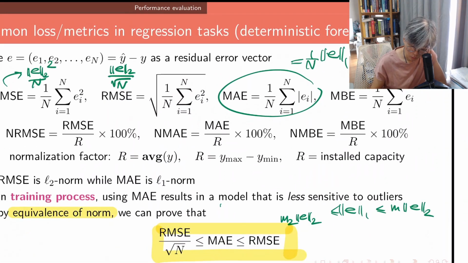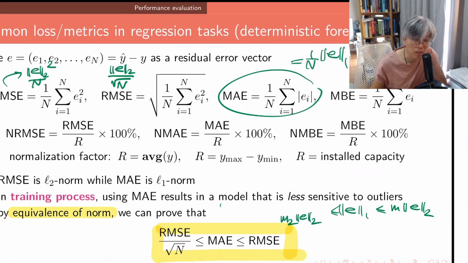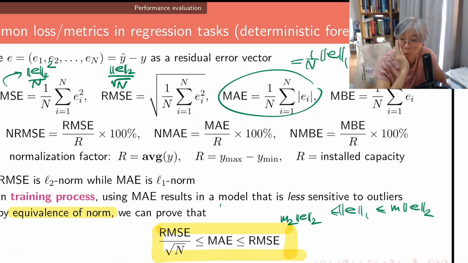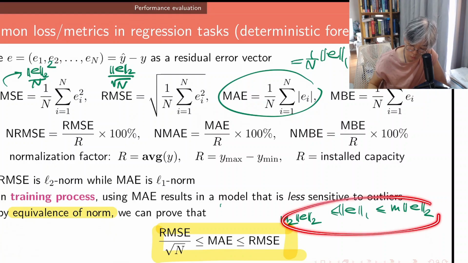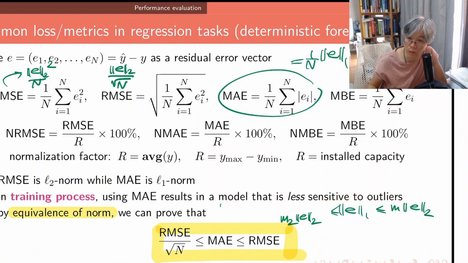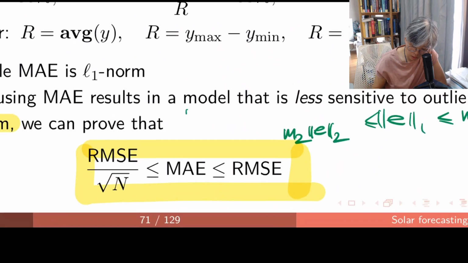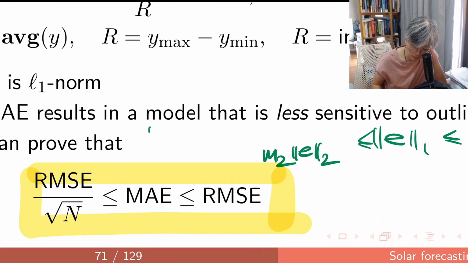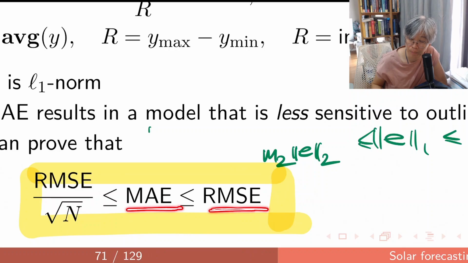Okay, so if we present all these performance metrics with the norm notation, and now you apply the principle of equivalence of norm, we can show that we can always have these inequalities. The MAE is always less than RMSE.